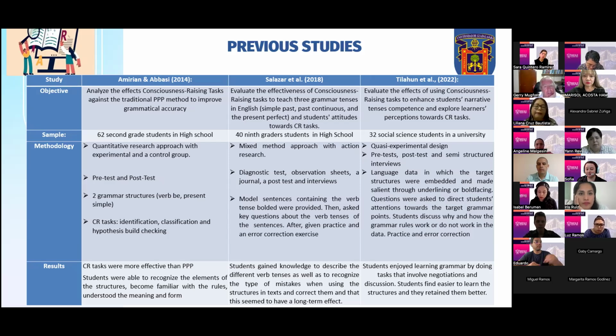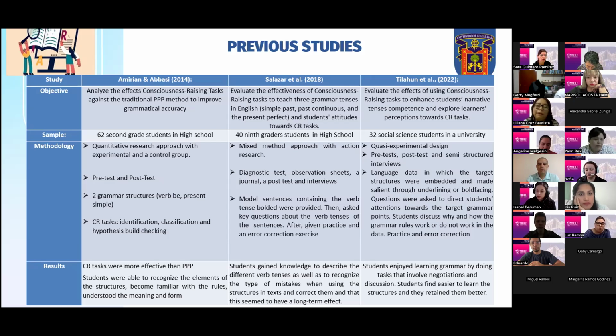In the second study, Salazar evaluated the effectiveness of consciousness raising tasks to teach three grammar tenses: simple past, past continuous, and present perfect. But this author not only evaluated the effectiveness by comparing pre-test and post-test, but also wanted to explore students' attitudes towards the use of consciousness raising tasks.